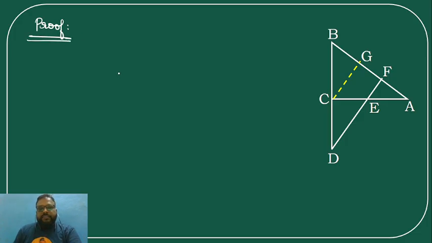First, let us write the given condition. We have already gone through that angle AEF is equal to angle AFE. This is already given for us. Given: angle AEF is equal to angle AFE. As we discussed, this means that AE is equal to AF.